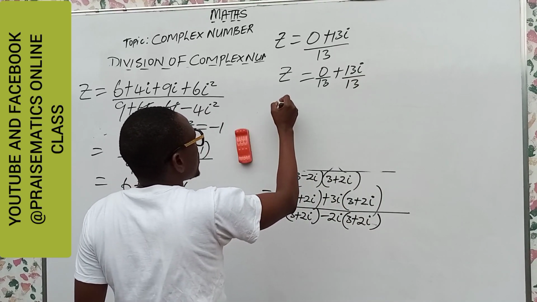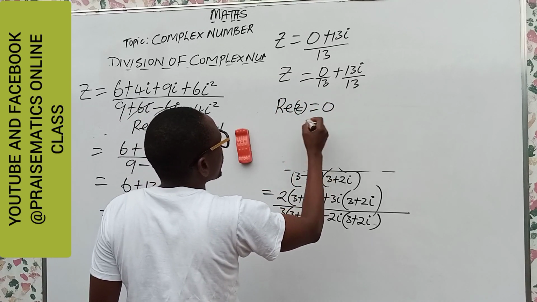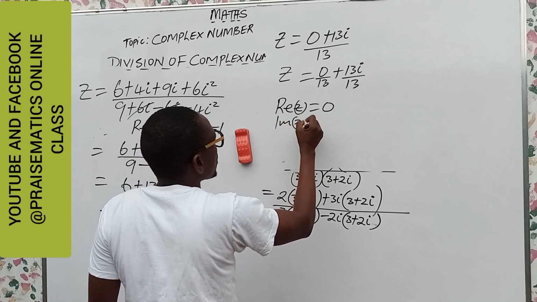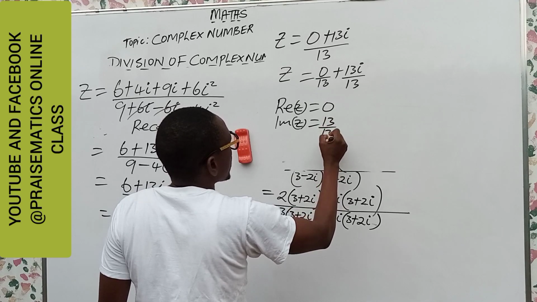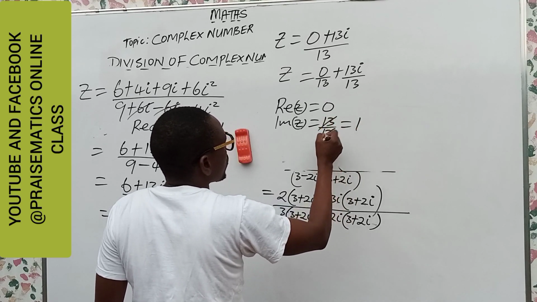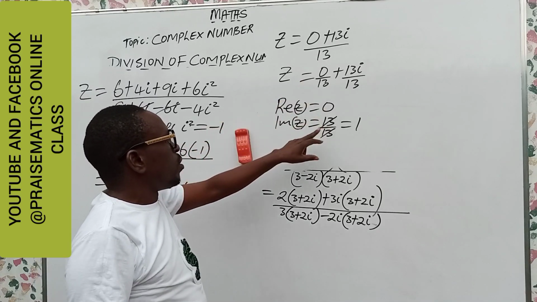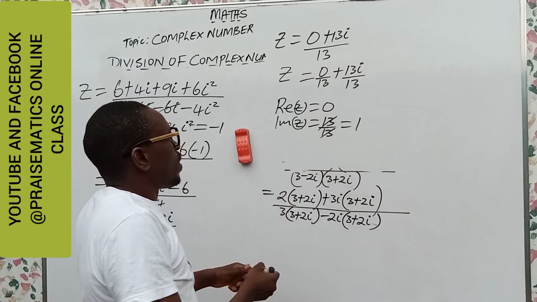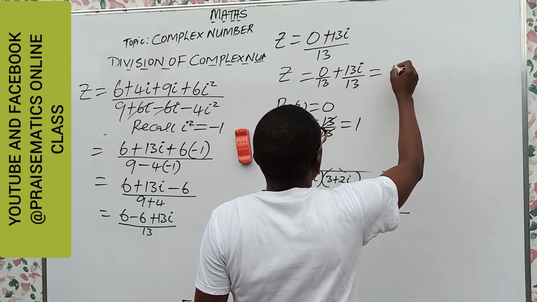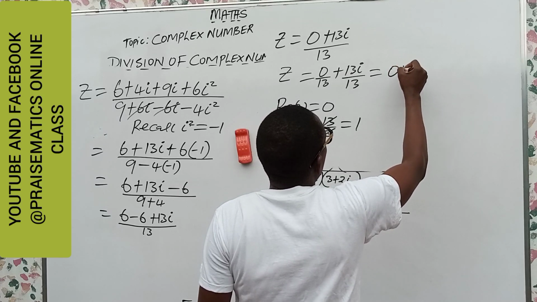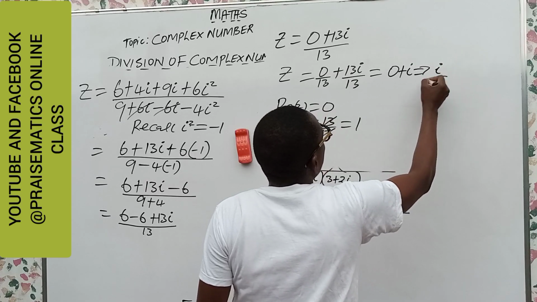Now our Re Z equals 0, while Im Z equals 13 over 13, which is equal to 1. You cancel it. So our Re Z is 0, while 0 divided by 13 is 0. 13 divided by 13 is 1. Finally, your answer is the same thing as saying 0 plus i, which is the same thing as i as the answer.